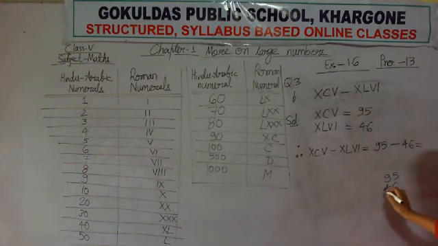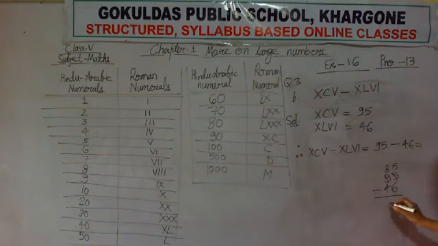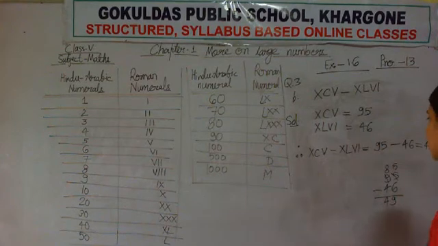Arrange in column form. Now subtract. You cannot subtract 6 from 5. So you will borrow. When you borrow, it becomes 15. 15 minus 6, 9. So you get 49.